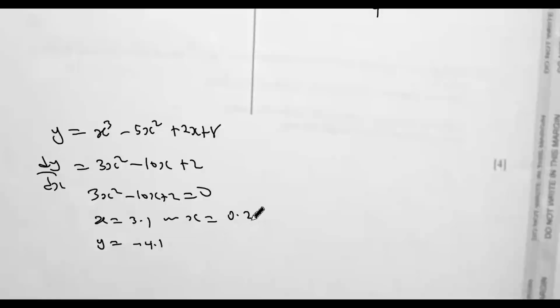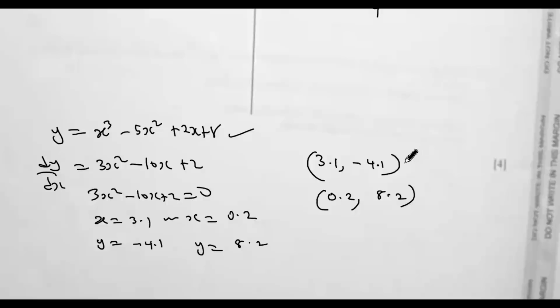And when x equals 0.2, if you substitute once again, you get y equals 8.2. So the coordinates of the stationary points are (3.1, -4.1), that's the first point, and the second stationary point is (0.2, 8.2).